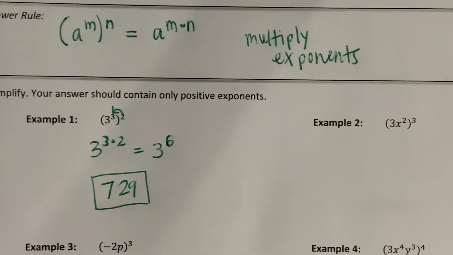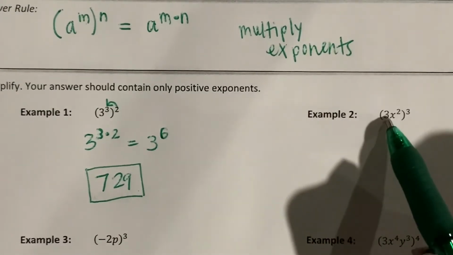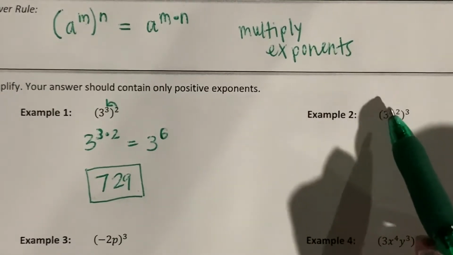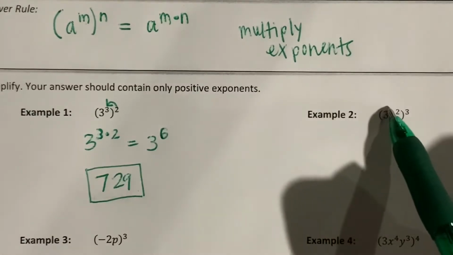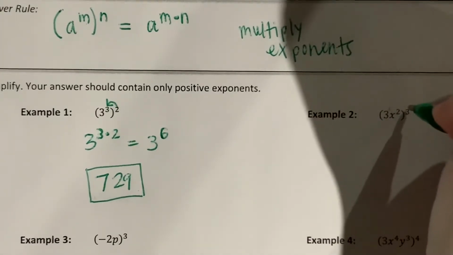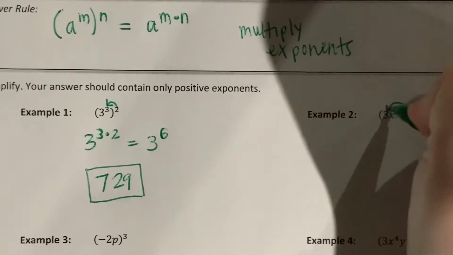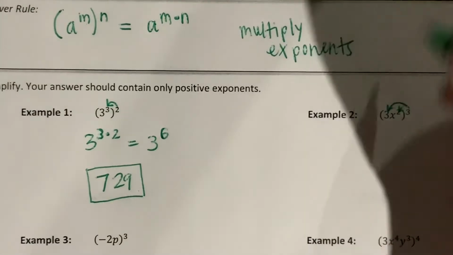On example 2, you'll notice we do have a variable. So here this is saying 3 to the first power. Like in example 1, this was 3 to the third power. If there's no power here, that's like saying 3 to the first power. So I'm going to have to distribute this third power to the 3 and to this x squared term.